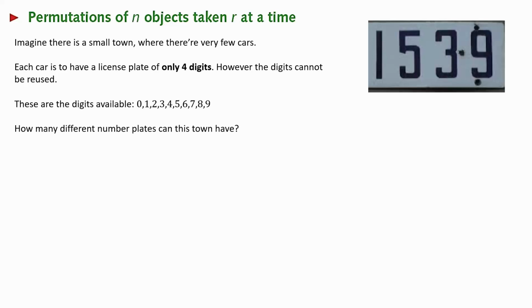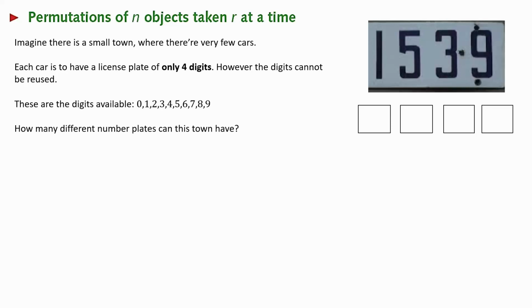So logically, if we were to do this, think of it this way. Don't try to think about formulas or anything. Just think about it. I've got four positions for the 4 digits. In my first position, how many options can I choose? 10. I have 10 digits, so I can choose 10 possible digits.